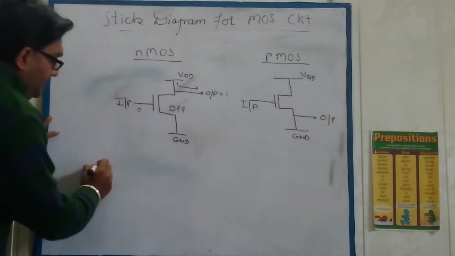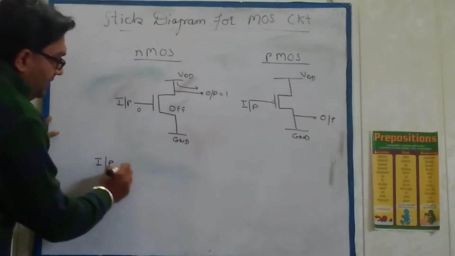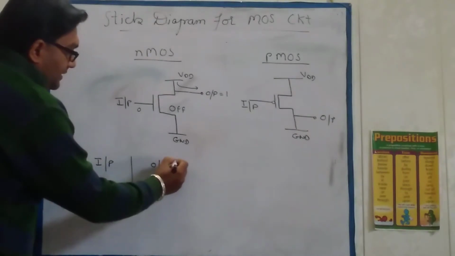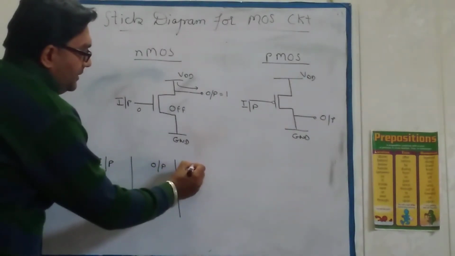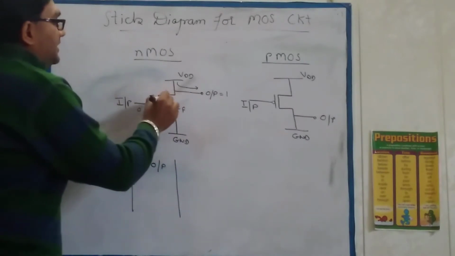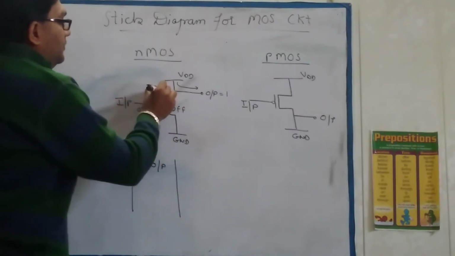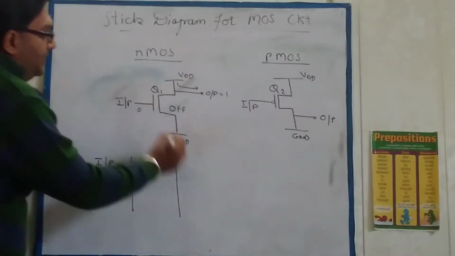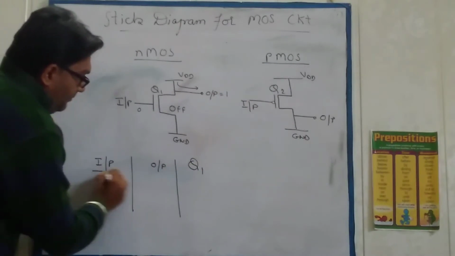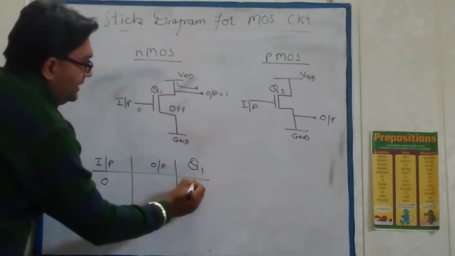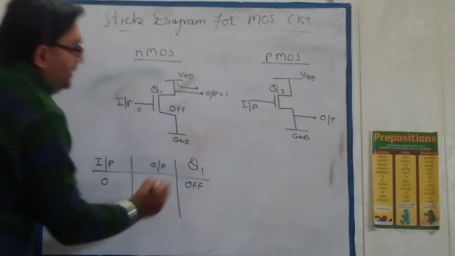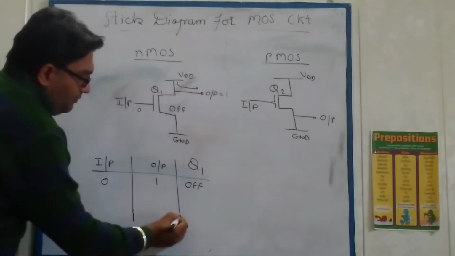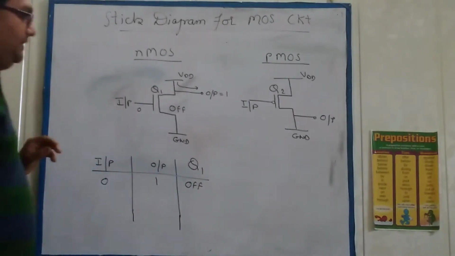In this case I mark the input on one side and the output on the other side, and the transistors, let us suppose this transistor is represented by Q1 and this one by Q2. So if my input is 0, the transistor Q1 is off. Now as the VDD is directly connected to the output, you will get output equal to 1. Right, this is the one step.